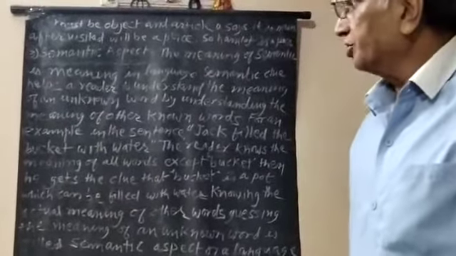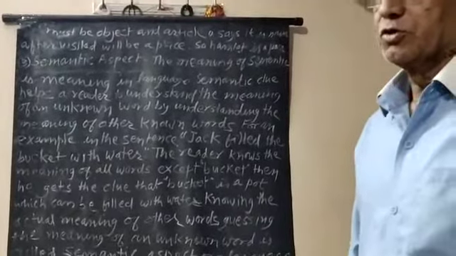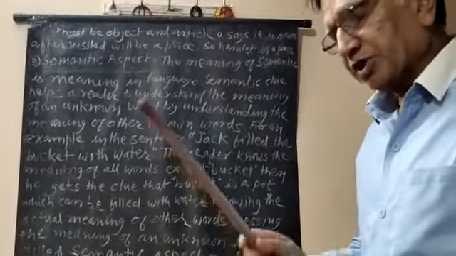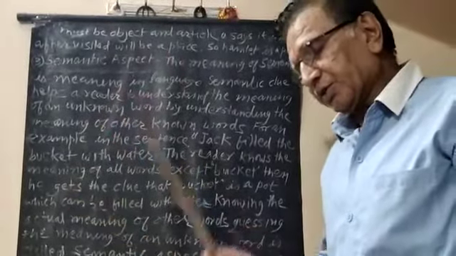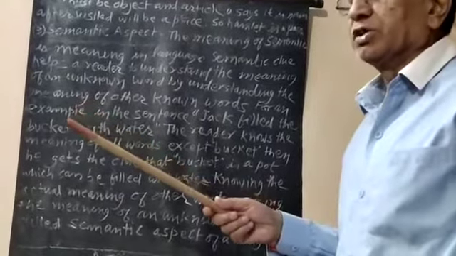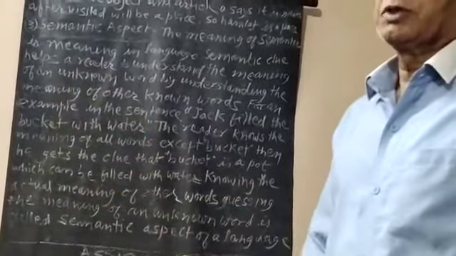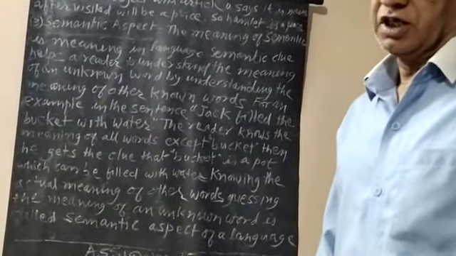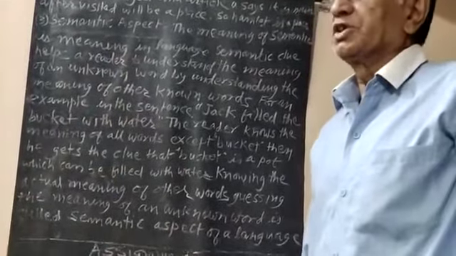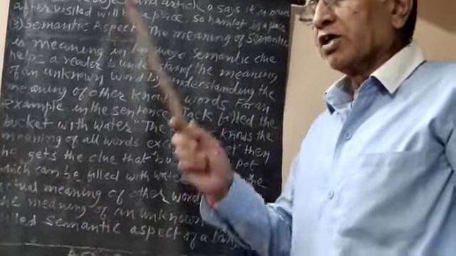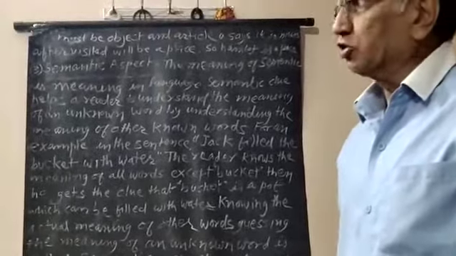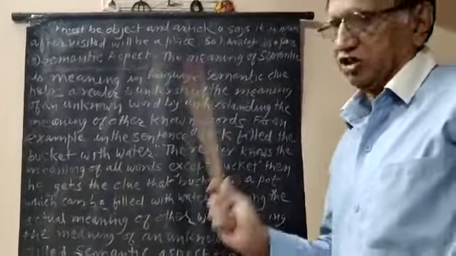Then, due to this aspect, he will come to know the meaning of the unknown word. ज्ञात शब्द सारे ज्ञात शब्द है, एक शब्द उसको मालूम नहीं है, तो ज्ञात शब्दों से अर्थ निकालते हुए वो अज्ञात शब्द का मीनिंग प्राप्त कर सकता है. He can know the meaning of the unknown word with the help of other known words. This quality is called the semantic aspect.